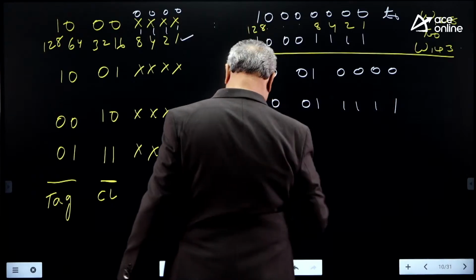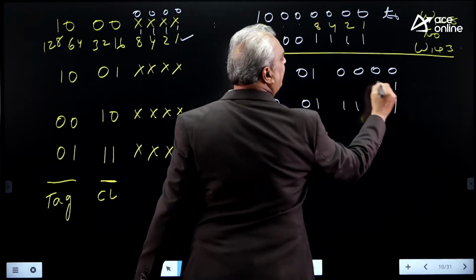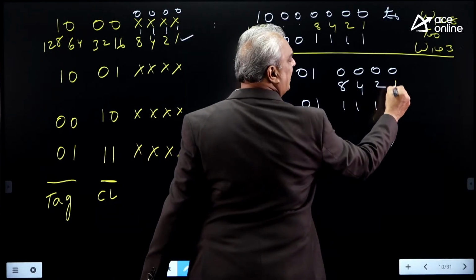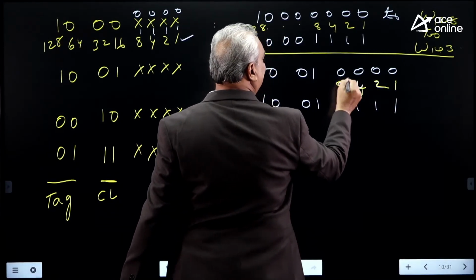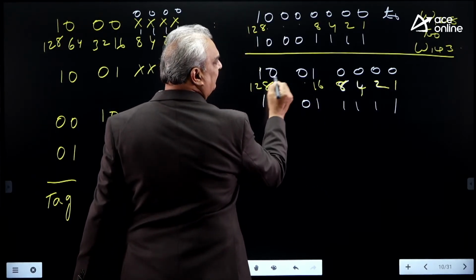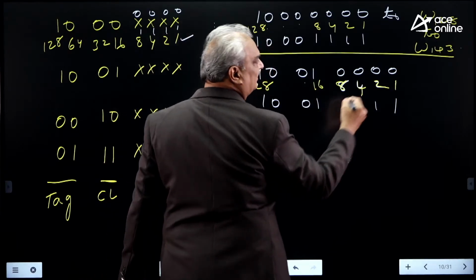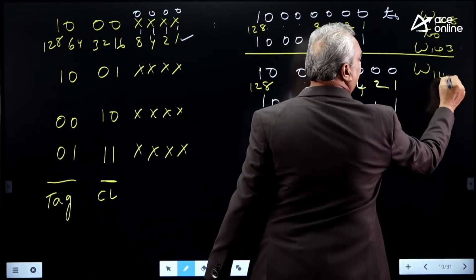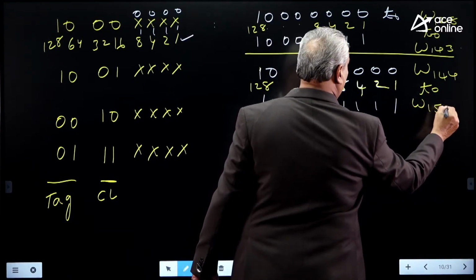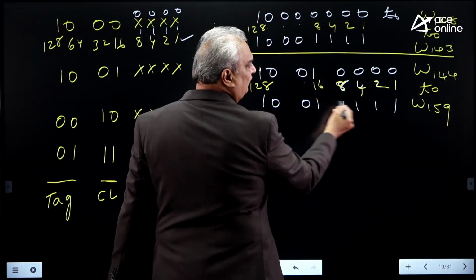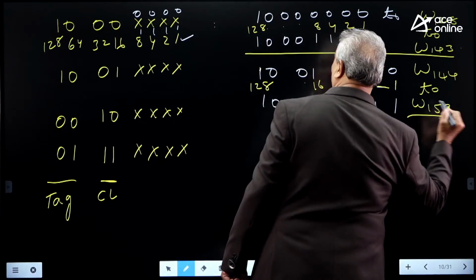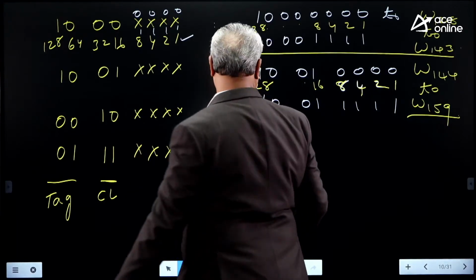Now the decimal value: 1, 2, 4, 8, 16, 32, 64, 128 means 128 plus 16. W144 means word number 144 to W159, because 144 plus 15 is 159. These words are available.